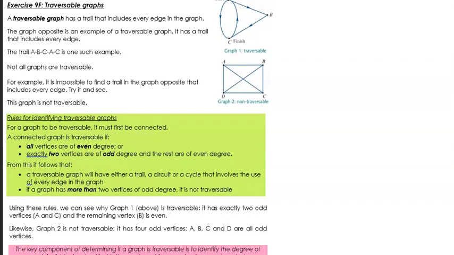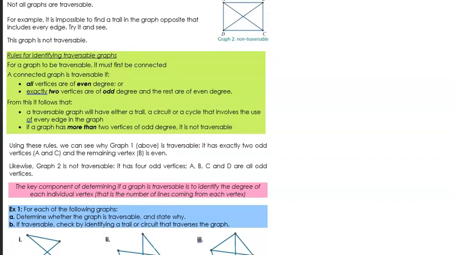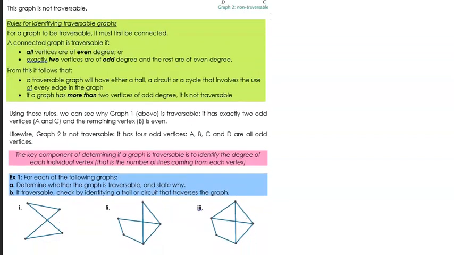So to identify if a graph is traversable, it has to be connected. And a connected graph is traversable if either all of the vertices are of even degree. Remember, the degree of a vertex is how many edges go to a specific vertex, and you get that number.